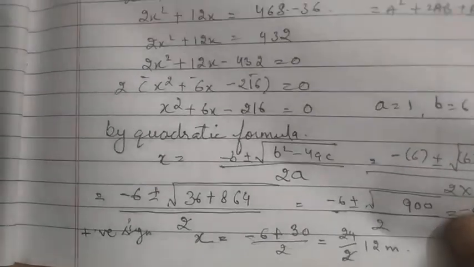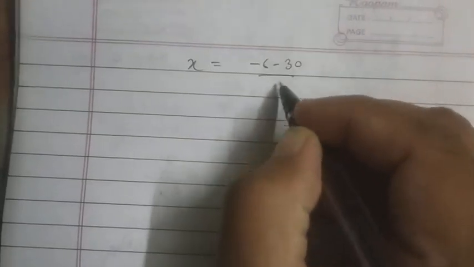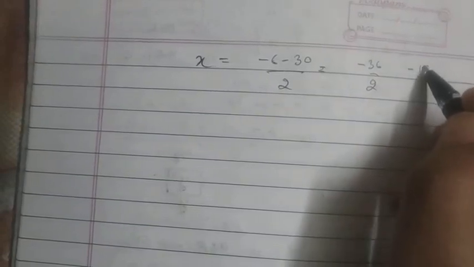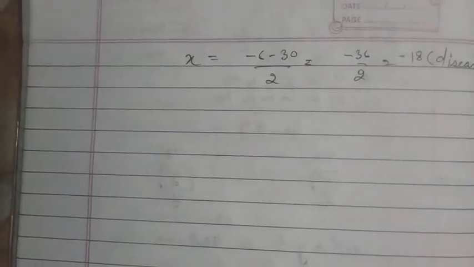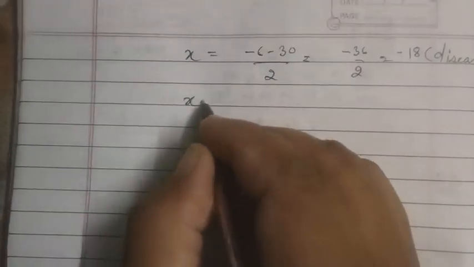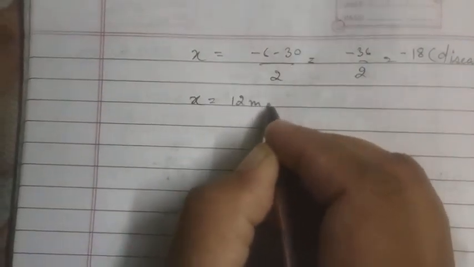If we consider the negative sign, x will be minus 6 minus 30 upon 2, that is minus 36 upon 2, which is minus 18. We can discard this value, as a side cannot be negative. So we accept the value as 12 meters.